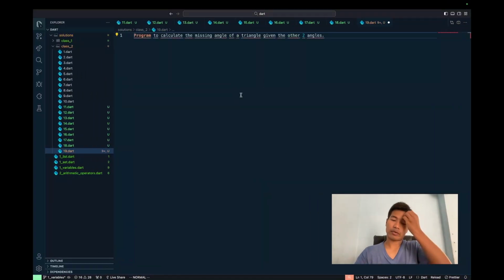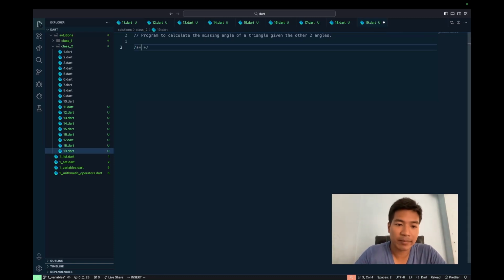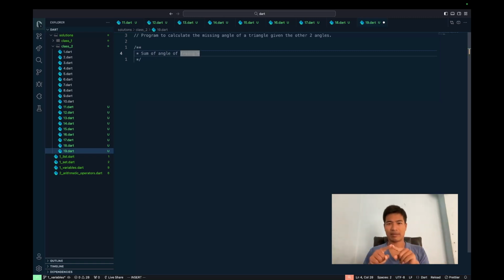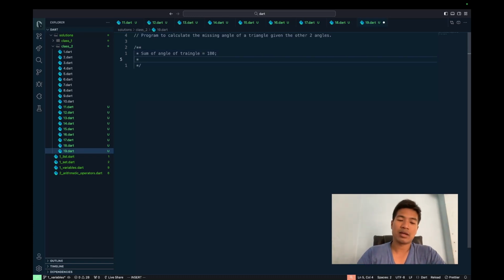So 19, very interesting. Program to calculate the missing angle of a triangle given the other two angles. So think about the sum of angles of a triangle. Given two angles, we find the third. The total sum is 180, a universal truth in math.